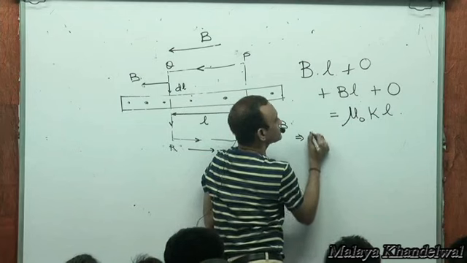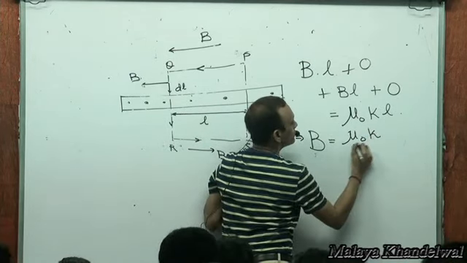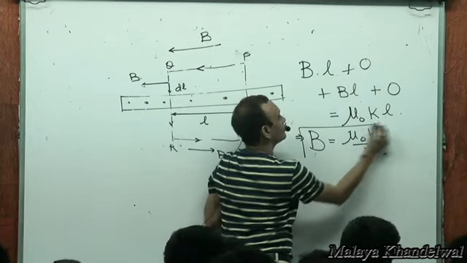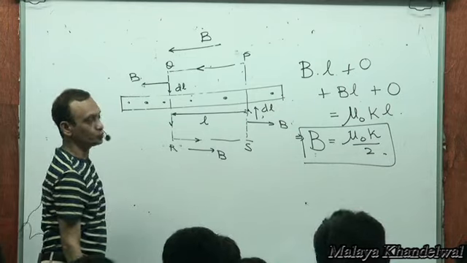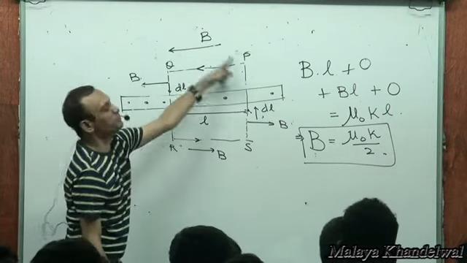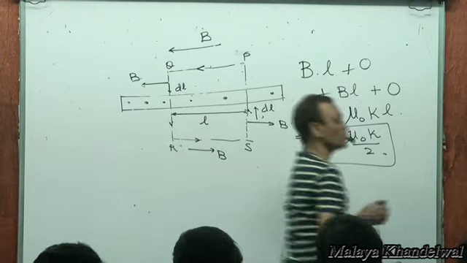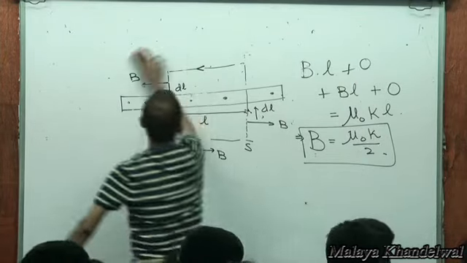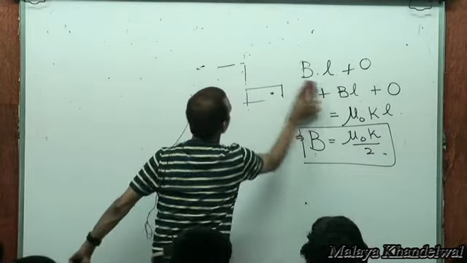So the B then turns out to be mu naught times K by 2. Mu naught K by 2. This is my Amperian loop. Right? Let me look at some more situations. These are all standard results which you've got to recall as and when required.